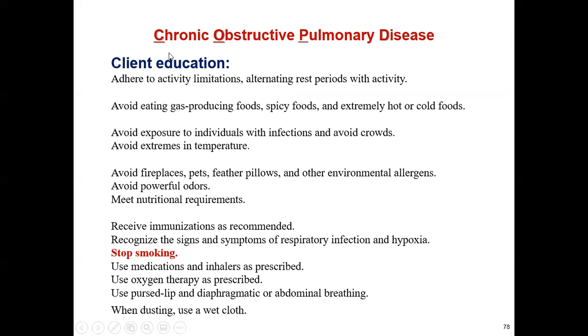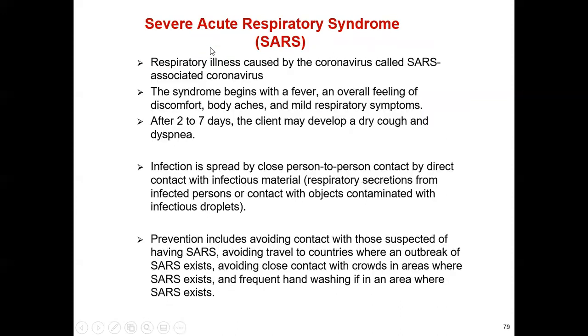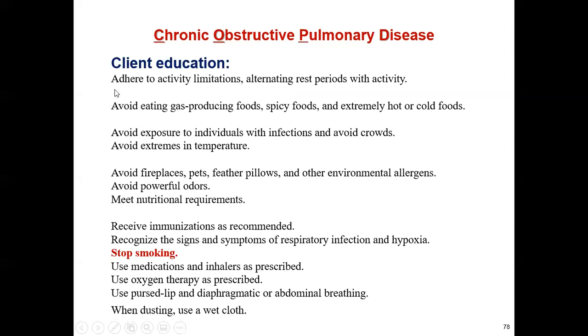Next, continuing with chronic obstructive pulmonary disease. Adhere to activity limitation or alternate rest periods with activity. Avoid gas-producing foods like spicy food or extremely hot or cold foods. Avoid exposure to people with infection, or avoid public crowds.